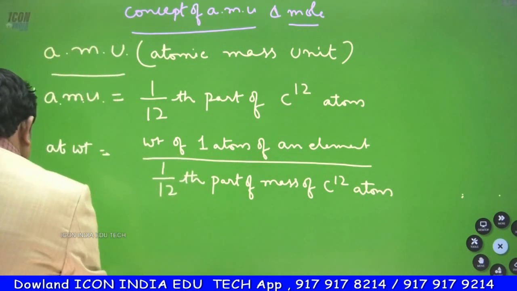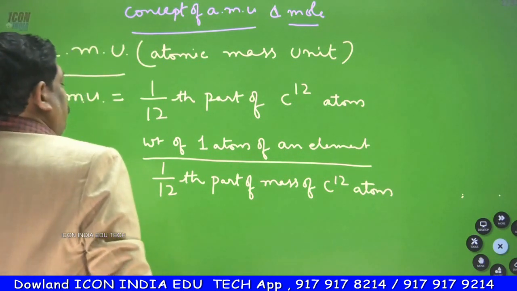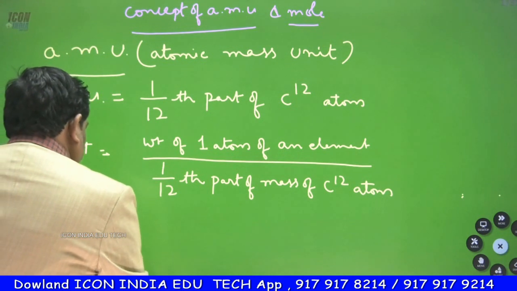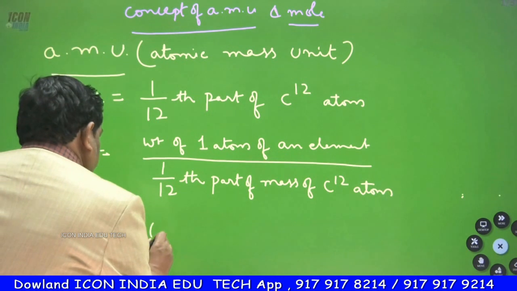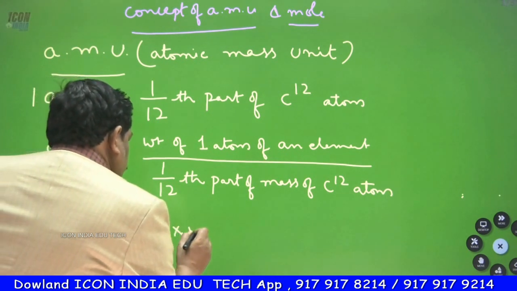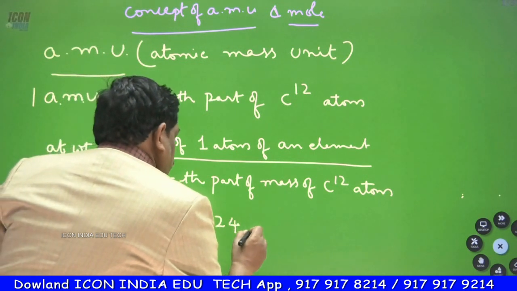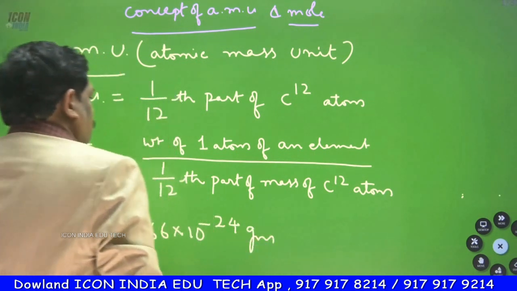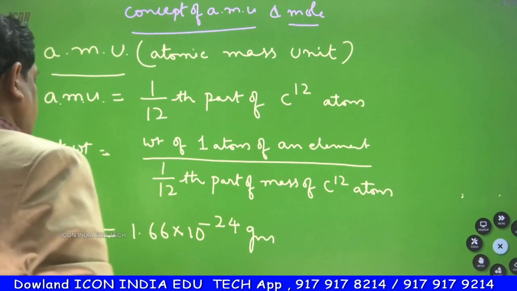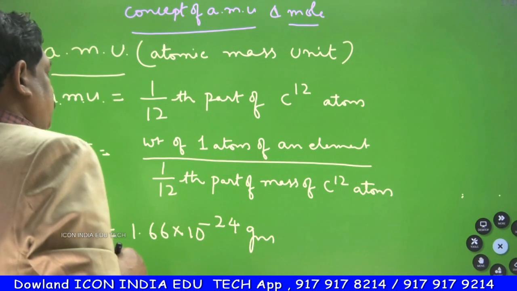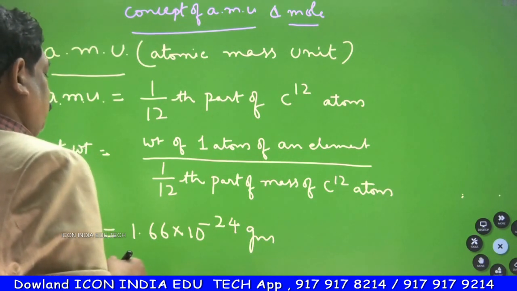When you calculate, we get 1 AMU as 1.66 into 10 to the power of minus 24 gram. How do you get this?